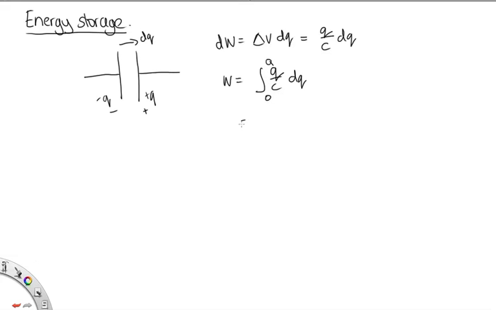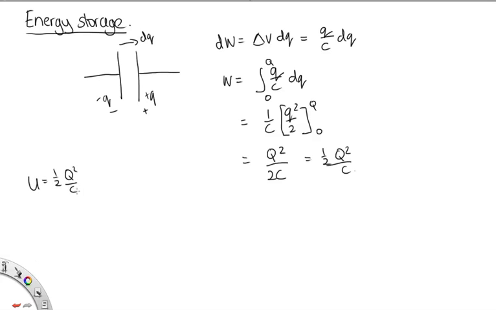And doing this integral, we end up with 1 on C times Q squared on 2, evaluated at capital Q and 0. So you can see this is going to be capital Q squared over 2C, or a half Q squared on C. So the energy stored in a capacitor is given by a half Q squared on C. Now, we may want to represent the energy stored in terms of the capacitance and the voltage.